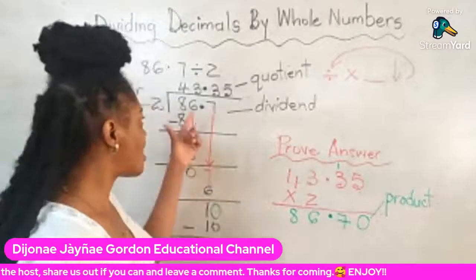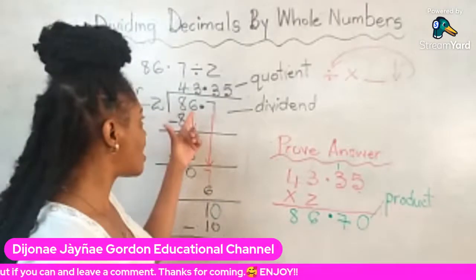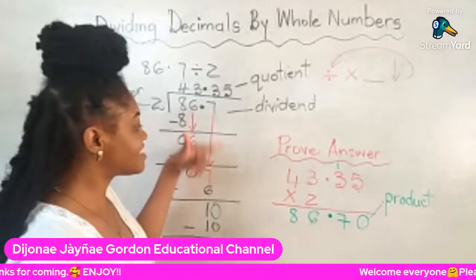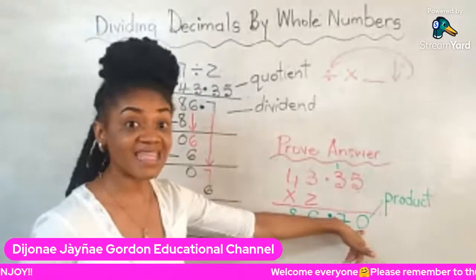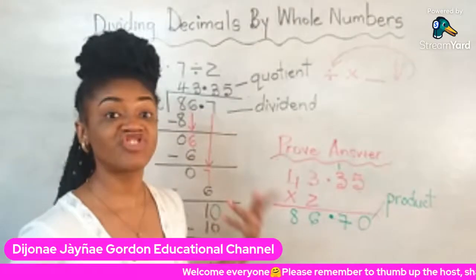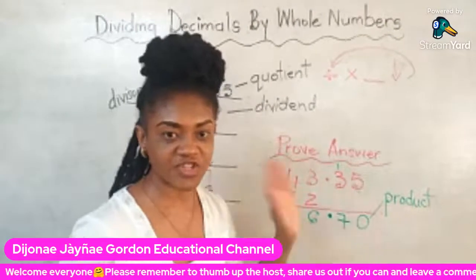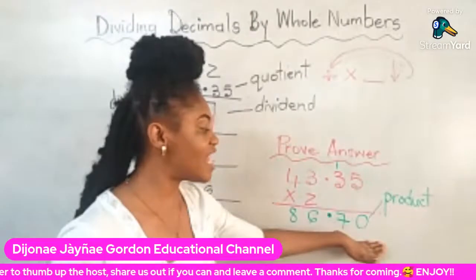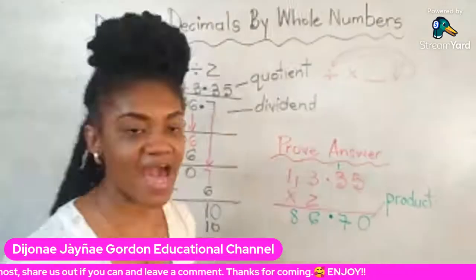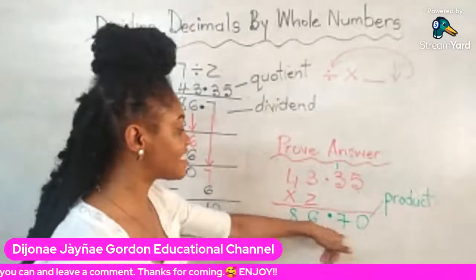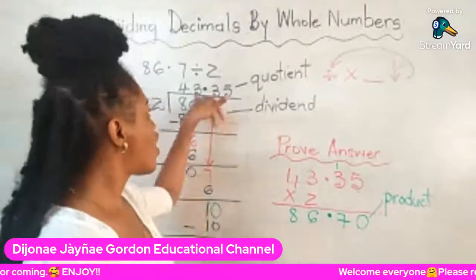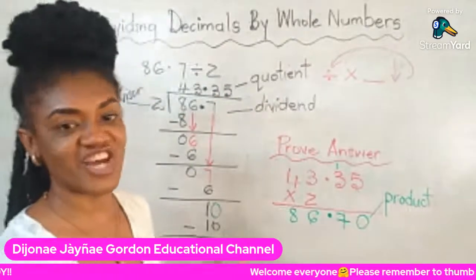And of course, look, 86.7 is the same thing as 86.70. There is a 0 at the end, which is just a placeholder. If we had a next digit after, such as 1, 2, 3, 4, 5, then we know that the 0 here would have some value, right? But right there, it is the same thing as our dividend. So our quotient for this long division is correct.